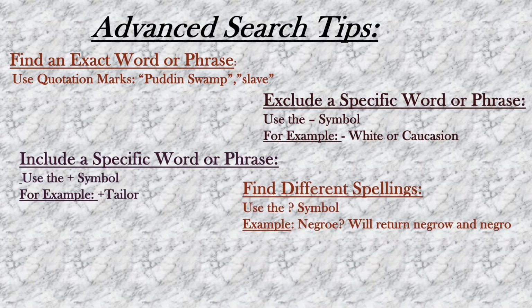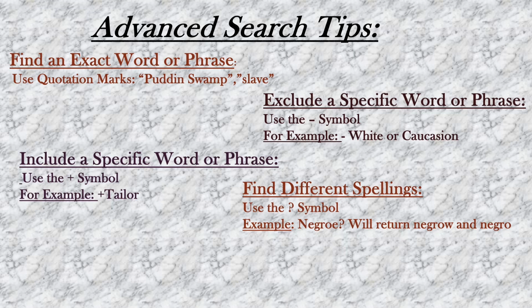Find different spellings. Use the question symbol. Example, N-E-G-R-O-E will bring up many records. But N-E-G-R-O-E question mark will return records with not only that spelling, but also N-E-G-R-O-W and N-E-G-R-O.